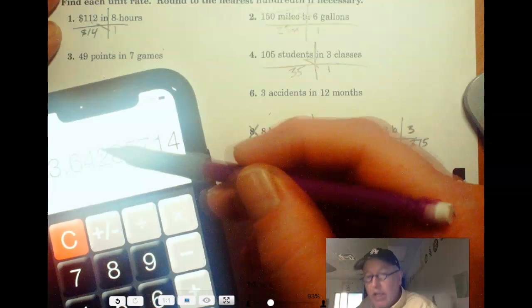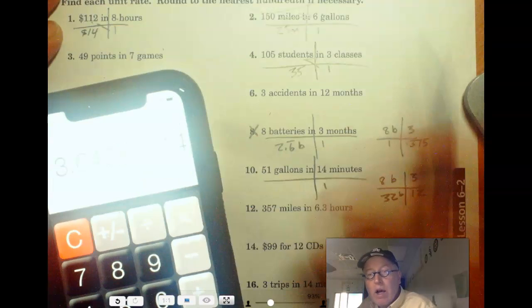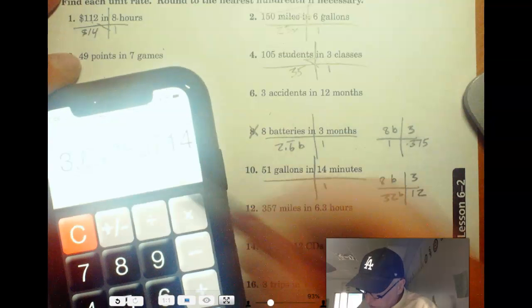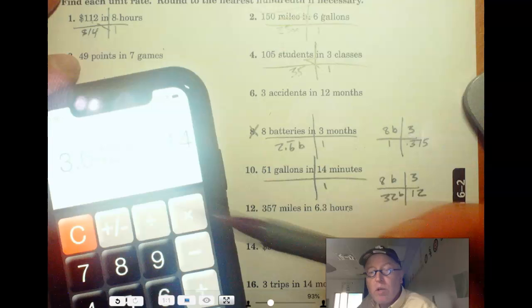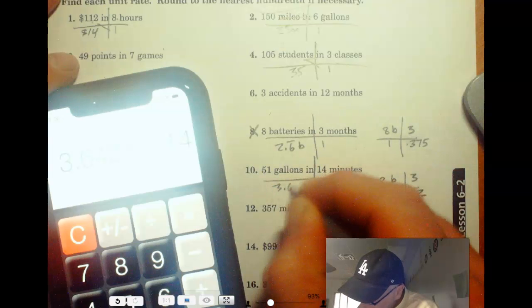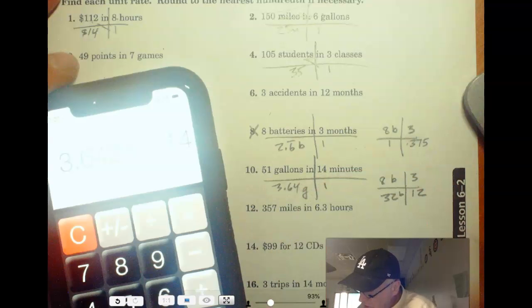We're looking right here at the hundredth spot, and we look next door to it. We've got a 2 there, so we can just call it 3.64. Remember, the hundredth spot is the penny spot. So 3.64 gallons per 1 minute.